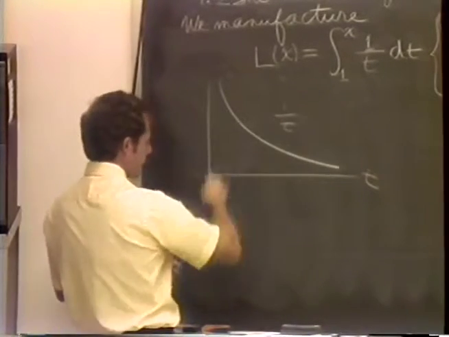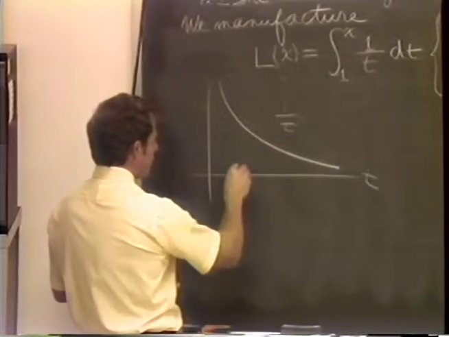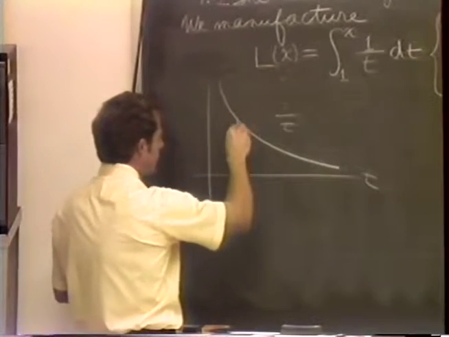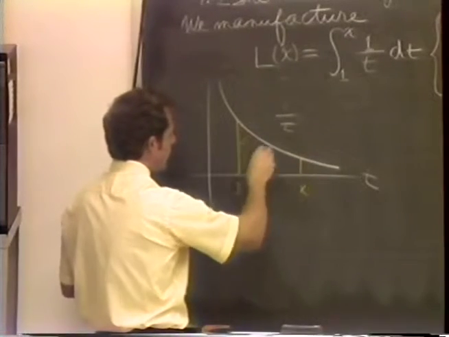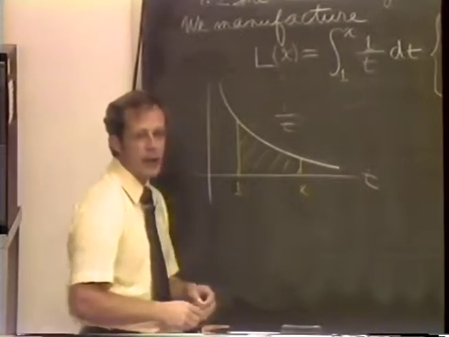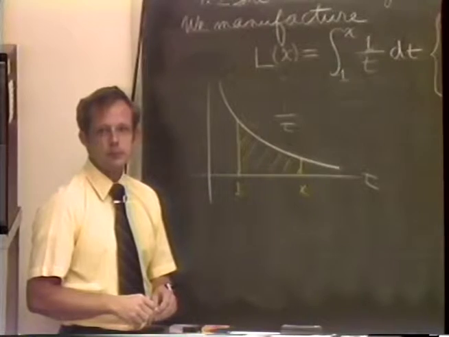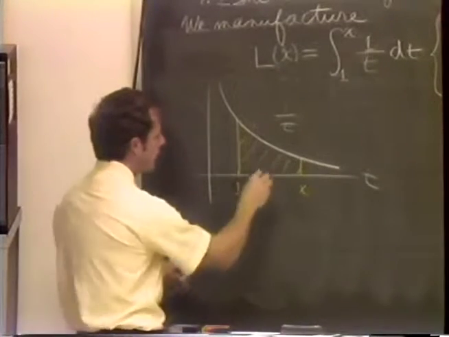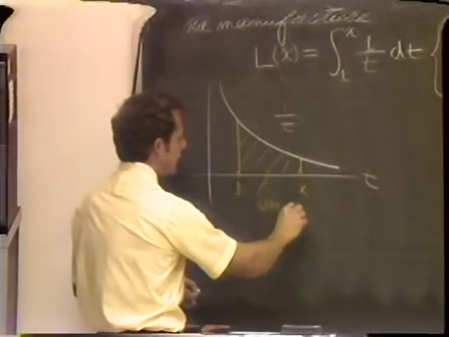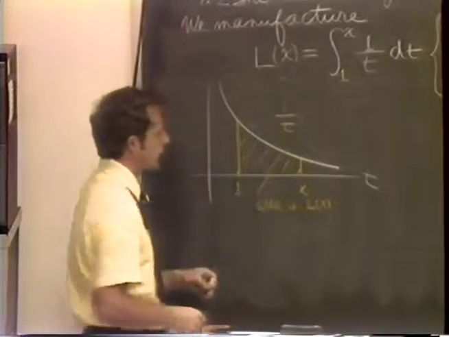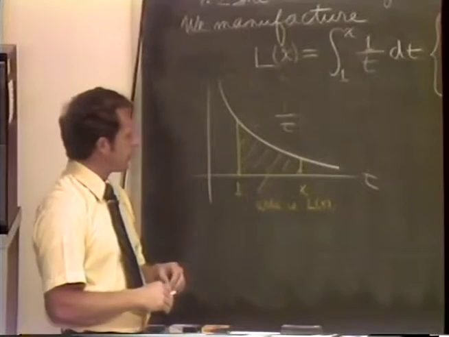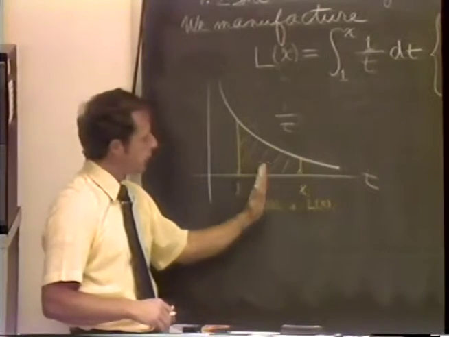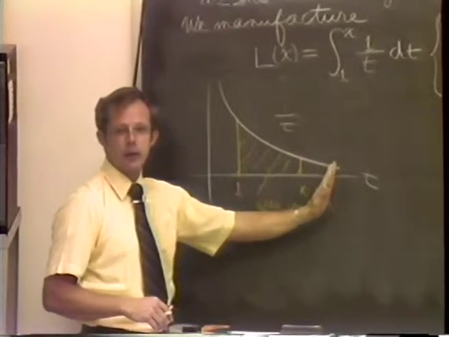And this L of x you get by finding the area under this curve from 1 to x. Okay, so that area is L of x. And you can kind of see what happens here. We move x around. For example, if we increase x, L of x increases.